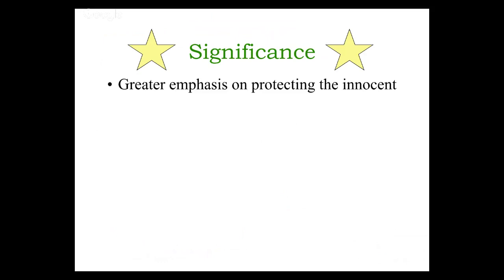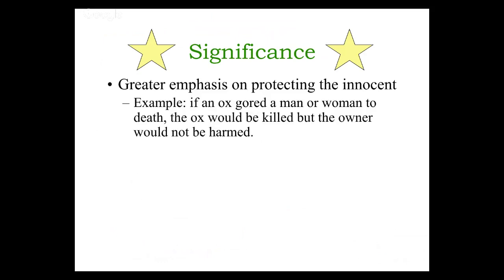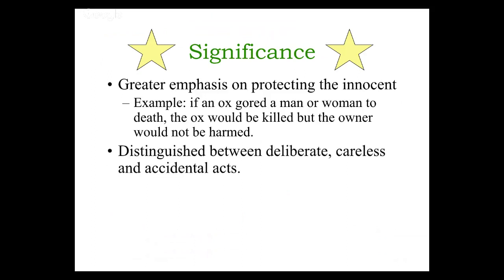So greater emphasis on protecting the innocent. If an ox gored, that means if an ox, say, rammed a horn into a person, then the ox would be killed, but the owner would not. So distinguish between deliberate, careless, and accidental acts.